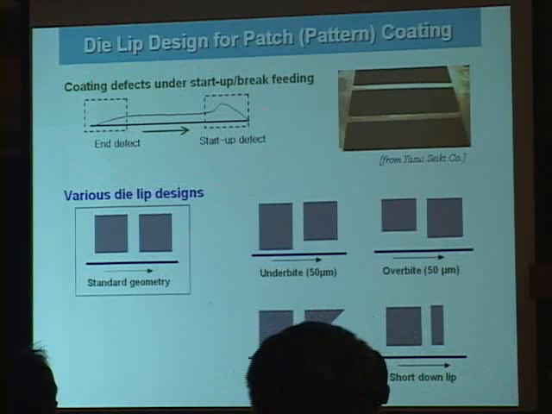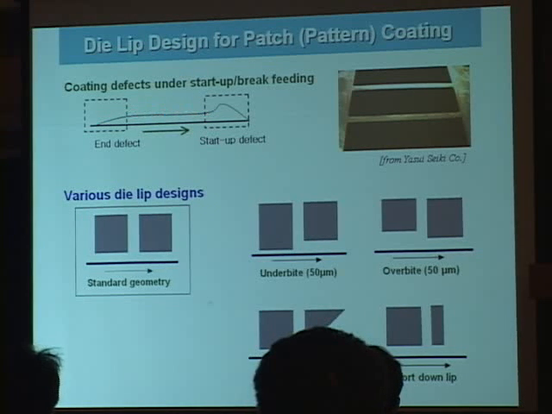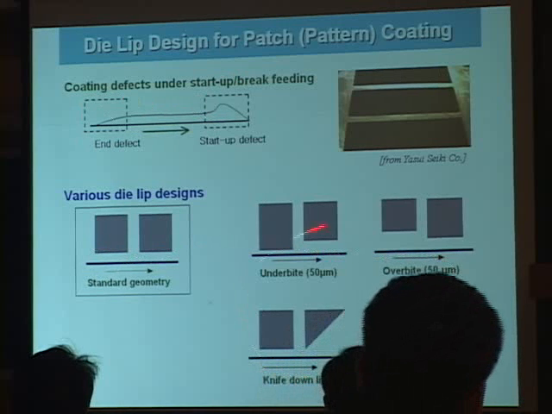As you can see in these figures, the head part or tail part within one coating unit shows irregular coating thickness compared with the middle part. So we try to design the die ribs to minimize this defect by changing the die rib shapes or geometry shown here.